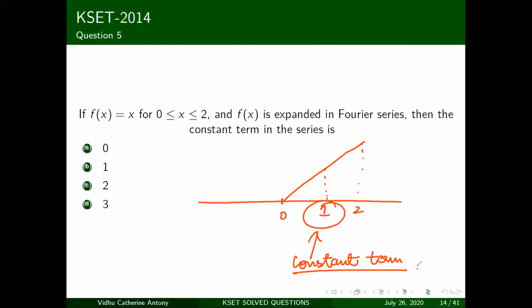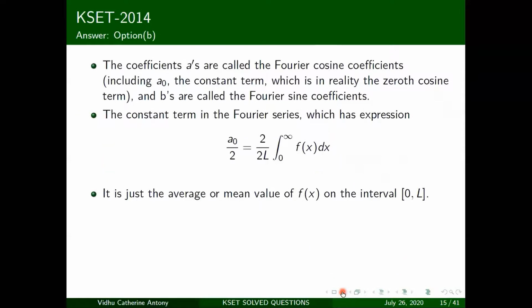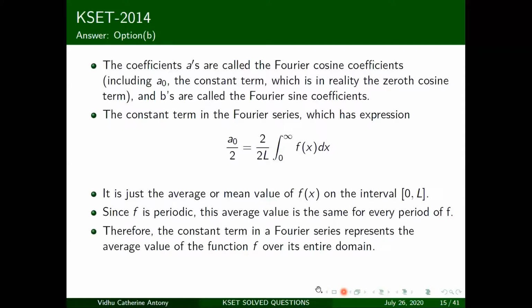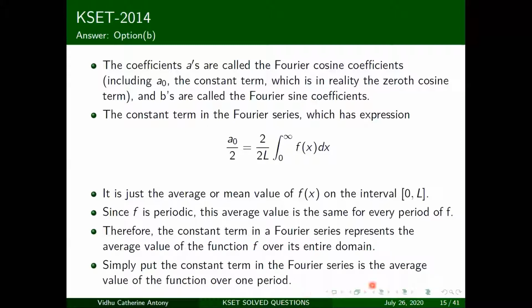Now let's go on to this. Okay. So if your f is periodic, this average value is the same for every period of f. Okay. And therefore, the constant term in your Fourier series represents the average value of the function over the entire domain. Okay.